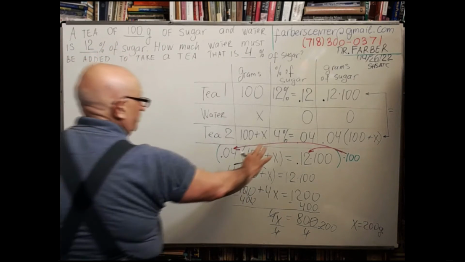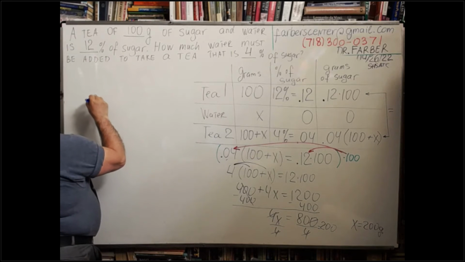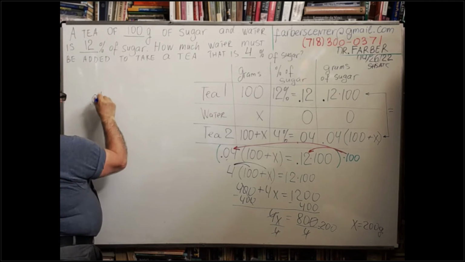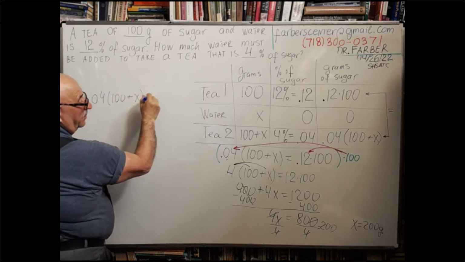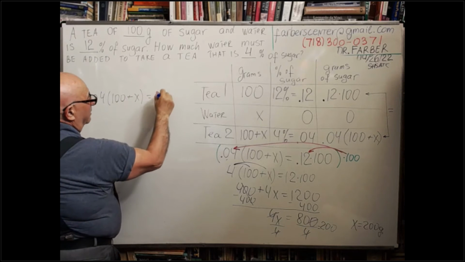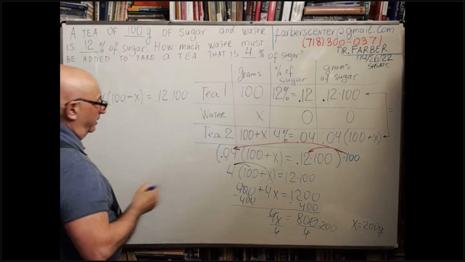Pretend I don't multiply by 100. What do I have? I will have 0.4 times (100 plus x) equals 0.12 times 100. Can I do it? Yes.